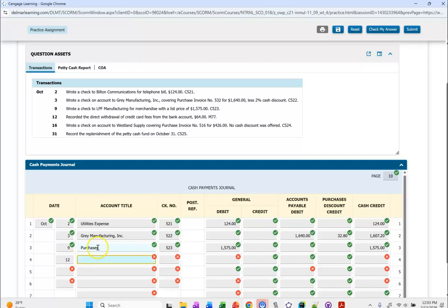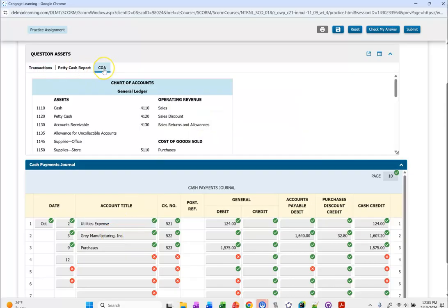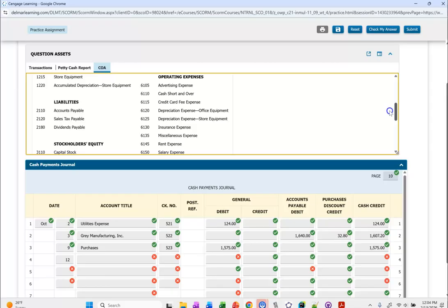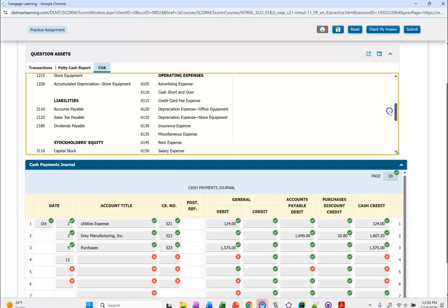It says recorded the direct withdrawal of credit card fees from the account. So if I look at my list of accounts, this is an expense, right? It's a credit card fee. So I would probably choose credit card fee expense as the relevant account.